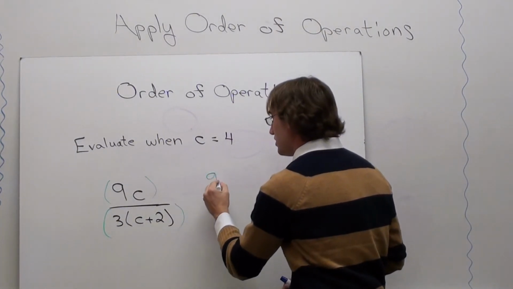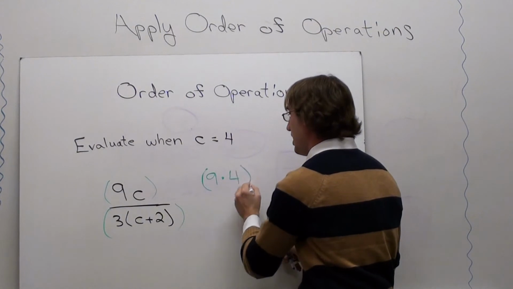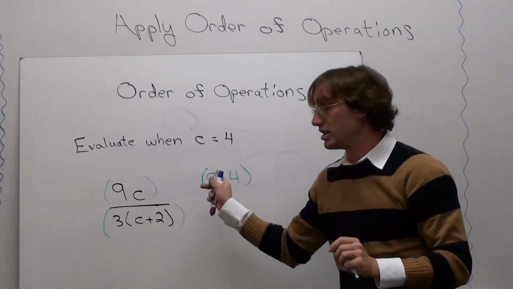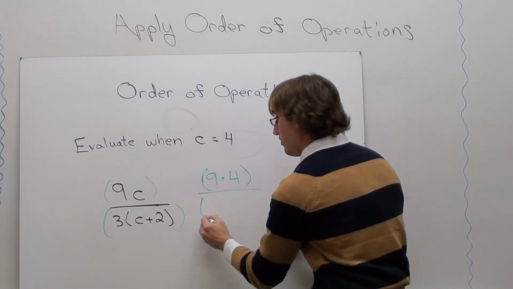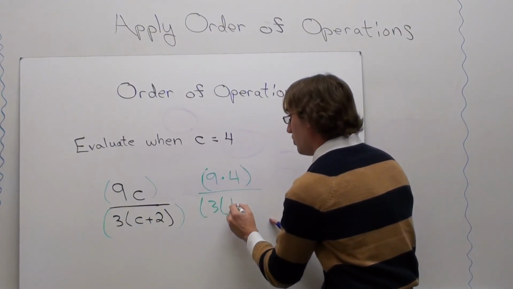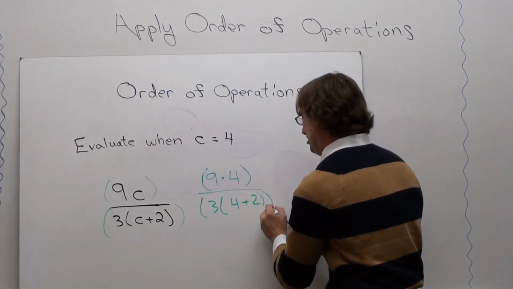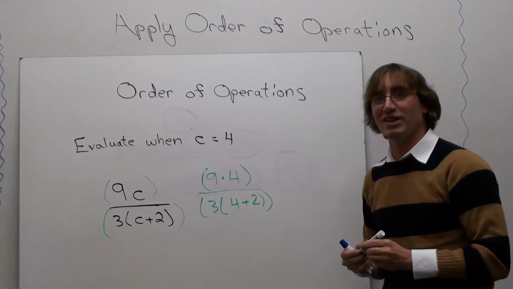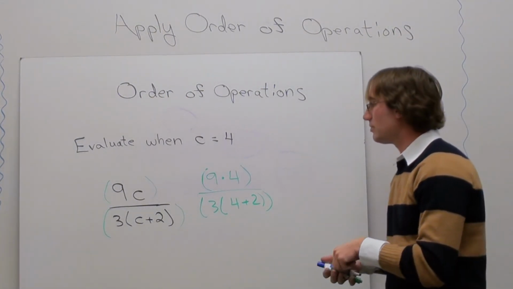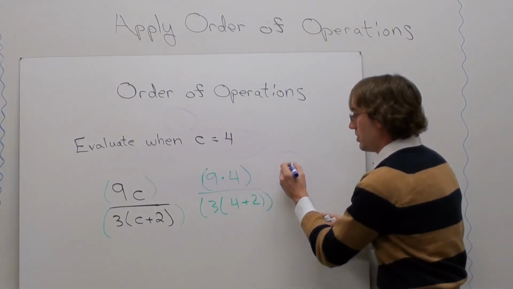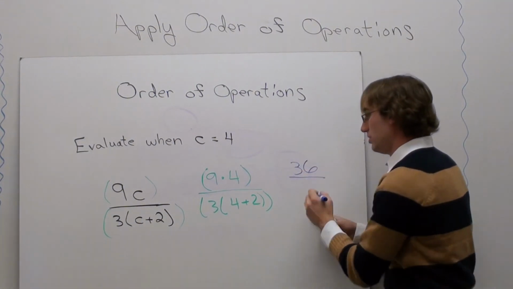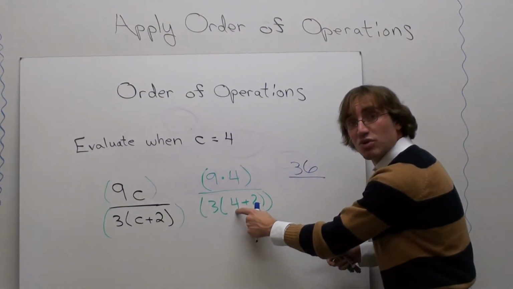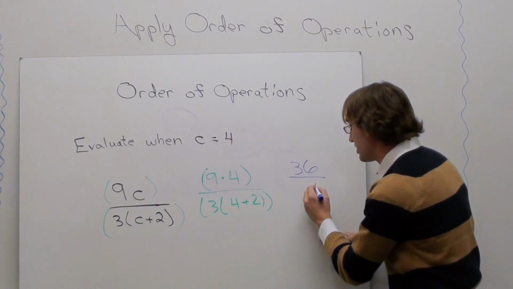This is 9 times 4, because my C is 4. And I have 3 times 4 plus 2. That doesn't look very student-friendly. 9 times 4 is 36 over. I do the inner set of parentheses first. 4 plus 2 is 6.